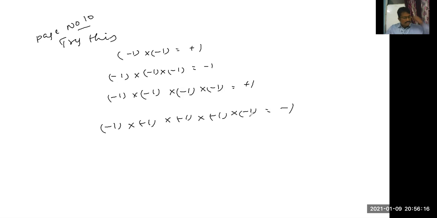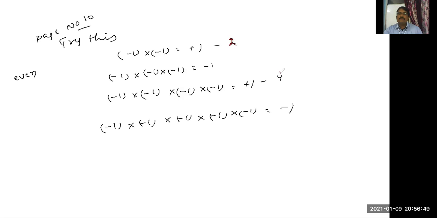So we further say that from 1 and 3, the negative integers that are multiplied, even means even numbers, we know that even numbers are multiples of two. So here I multiply 2 times and here I multiply 4 times.